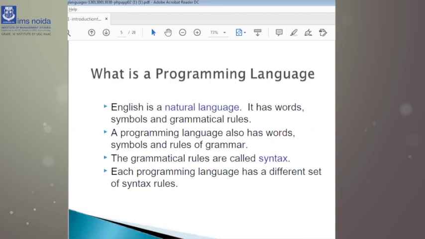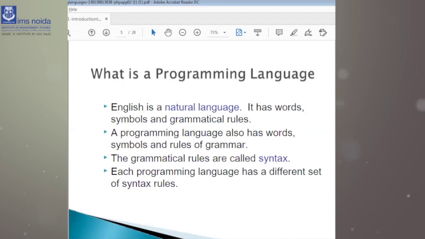So a programming language also has words, symbols, and rules of grammar. Grammar's rules are called syntax. Each programming language has a different set of syntax rules. Like we have multiple languages. We have typical languages, we have object-oriented languages, we have scripting languages.